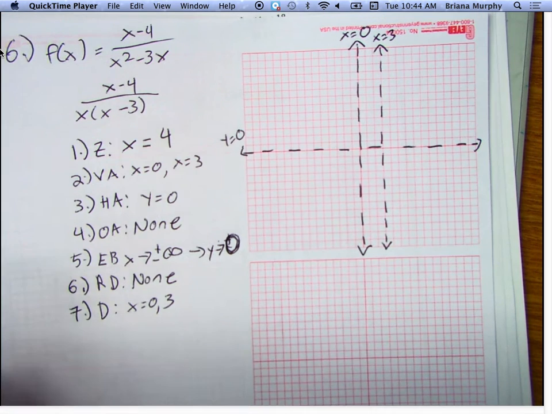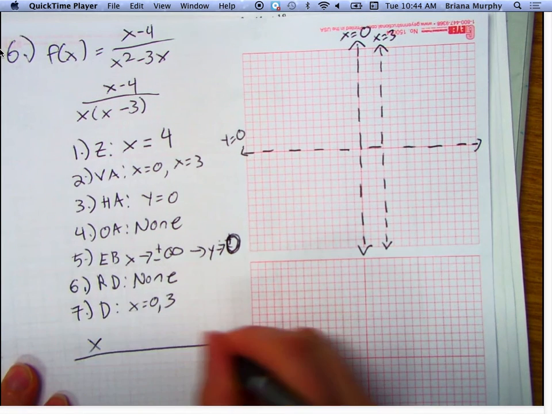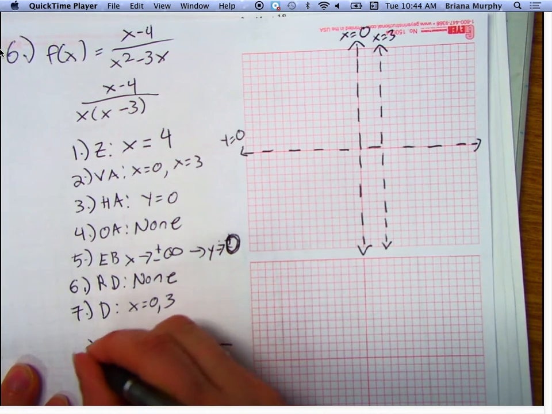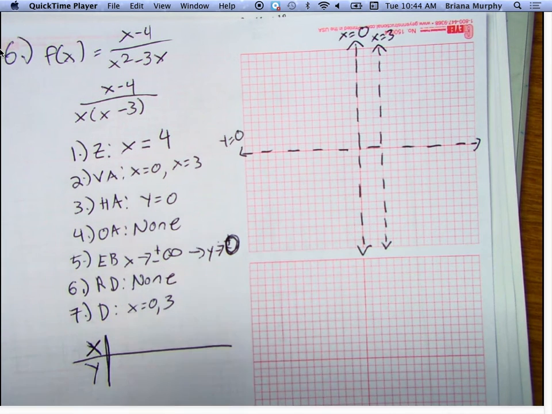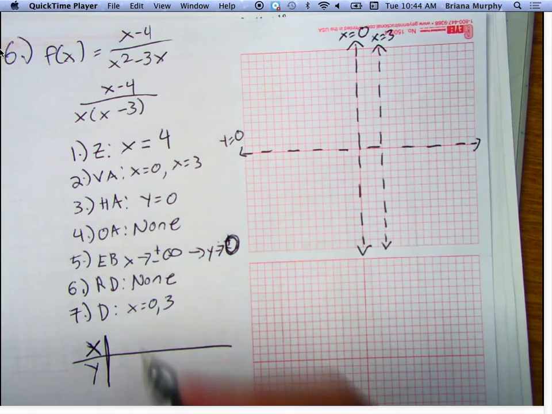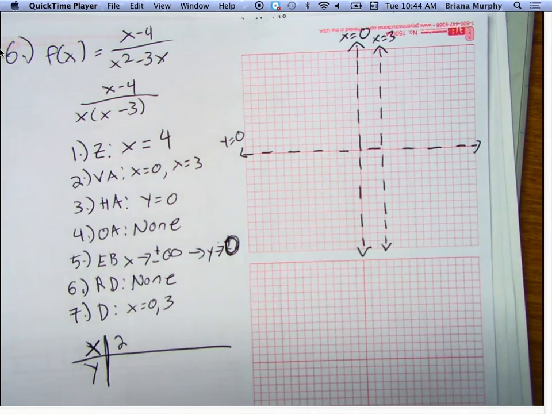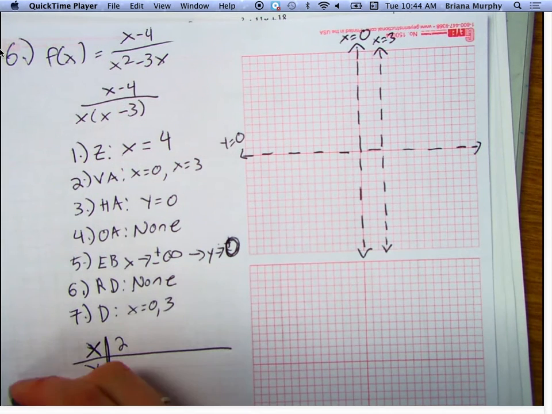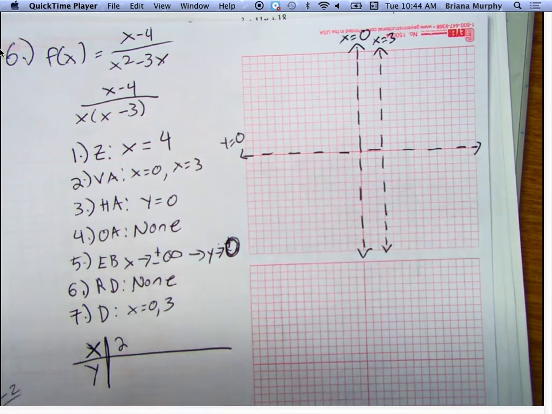I'm going to zoom out just a bit. All right. So I like to set stuff up so I can do this. Let's try 2. That's right between 0 and 3, right? So we get 2 minus 4 is negative 2. 2 squared is 4. 3 times 2 is 6.